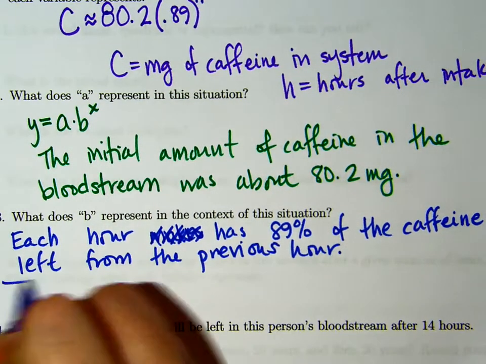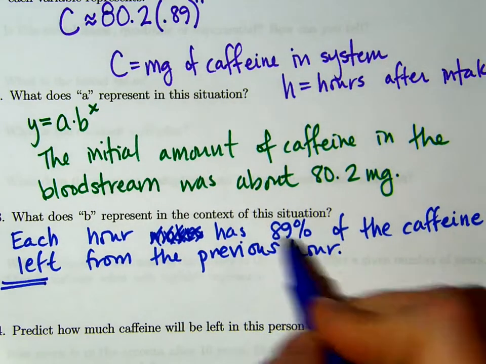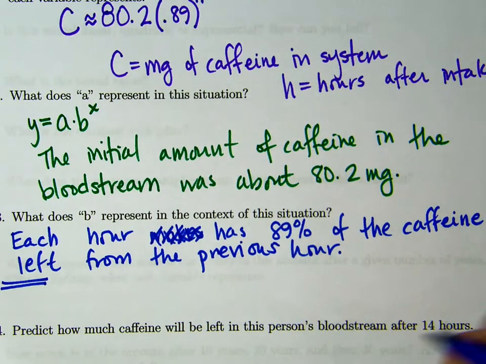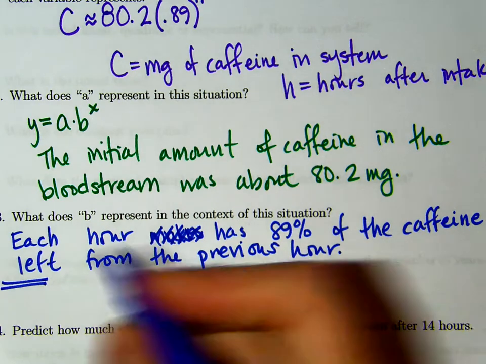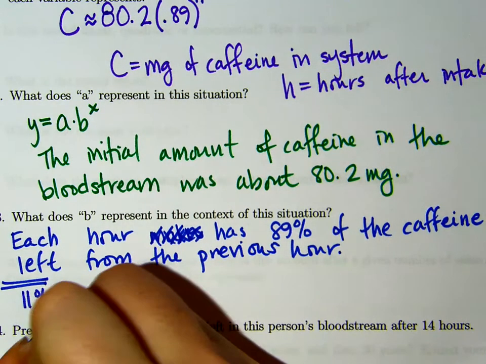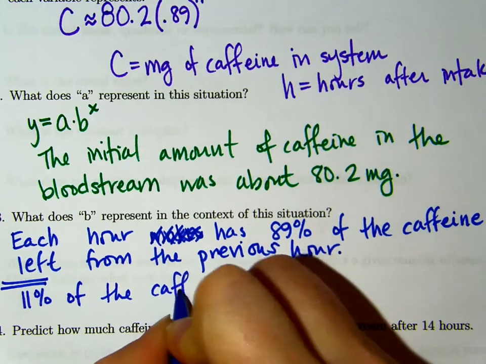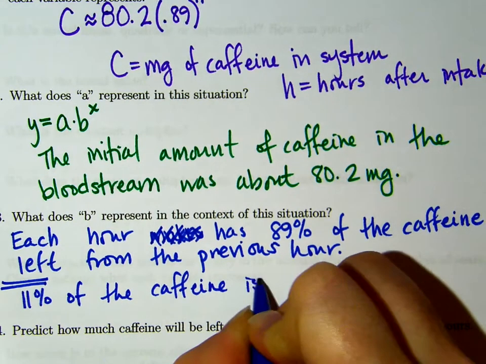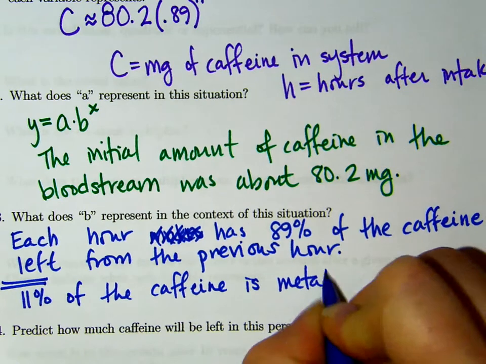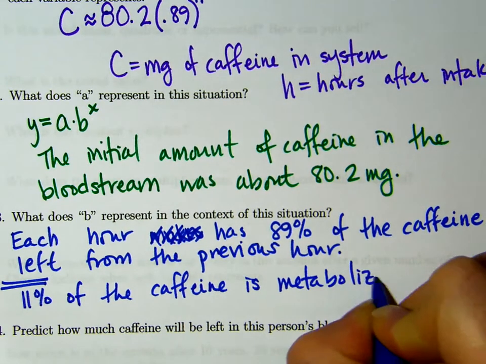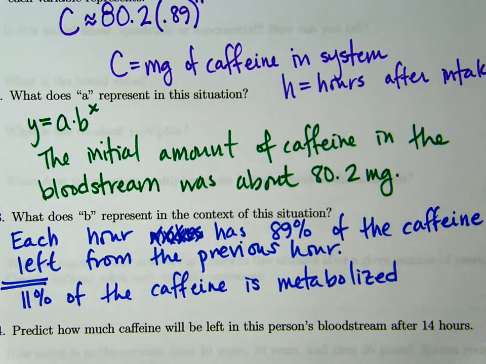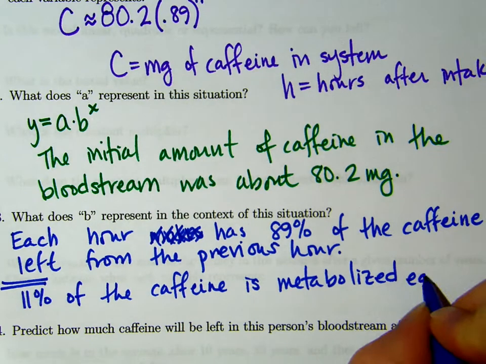So a separate interpretation of this could be that there was 11% of it lost every hour. So 11% of the caffeine is metabolized and gone out of the bloodstream each hour.